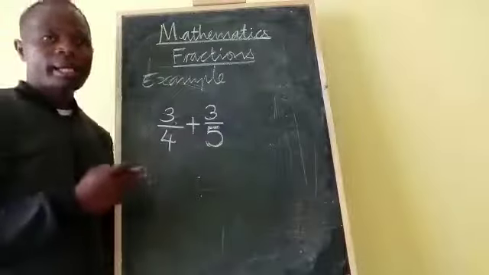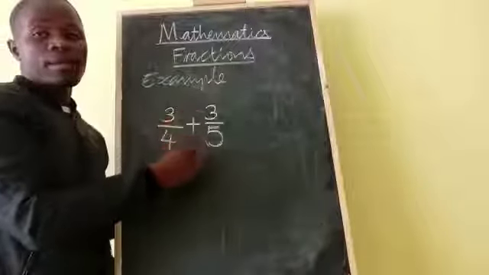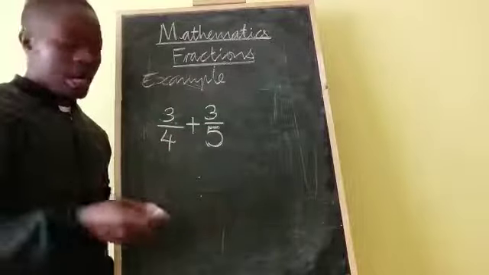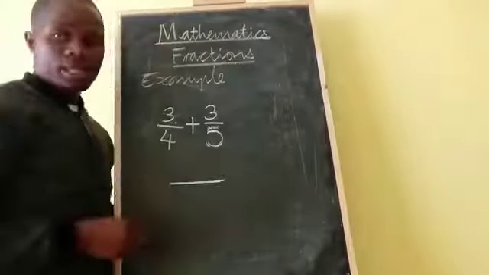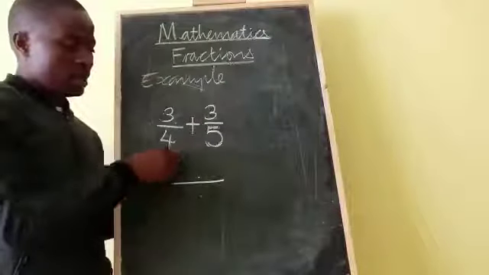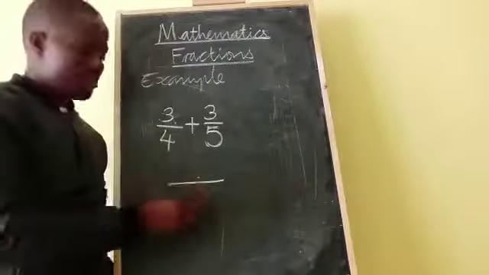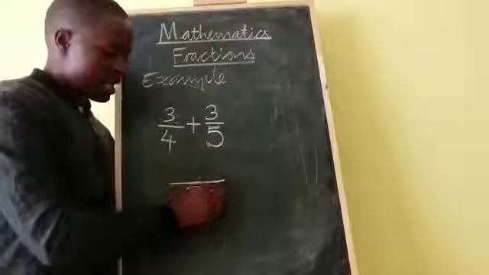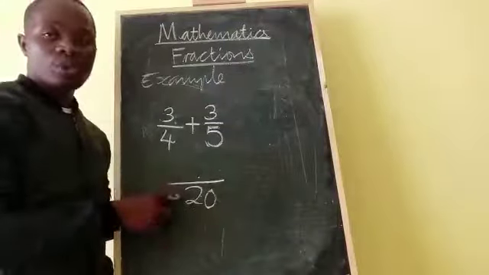So the second example here, we have 3 over 4, then plus 3 over 5. I won't take time because we have done one example before. We'll put the sign for division. The LCM of 5 and 4: 4 times 5, that will give us 20, like that. Then we say, how many times can 4 go into 20?